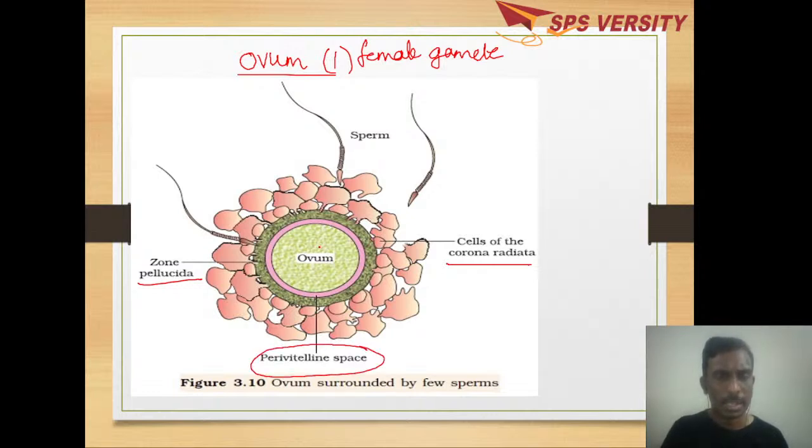And here there is a haploid nucleus in which there are only 23 chromosomes. So this is the structure of an ovum, which is surrounded by many sperms.